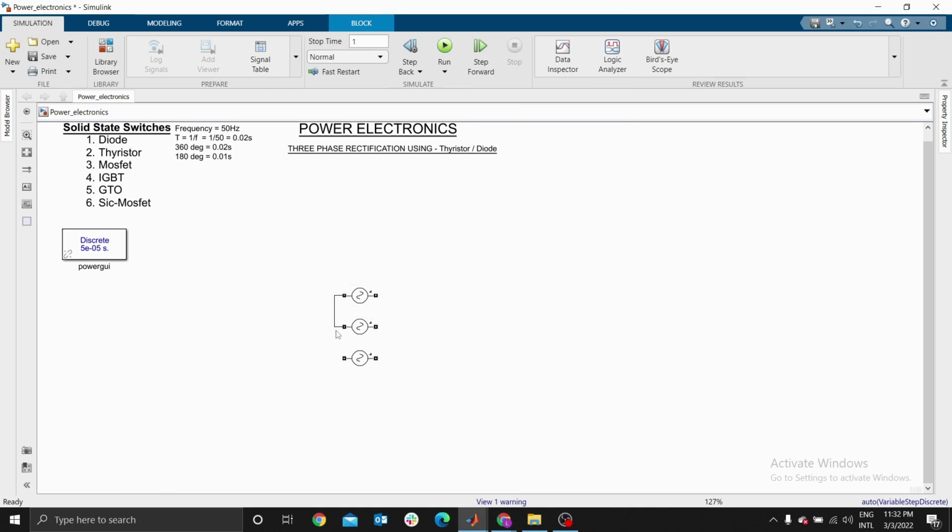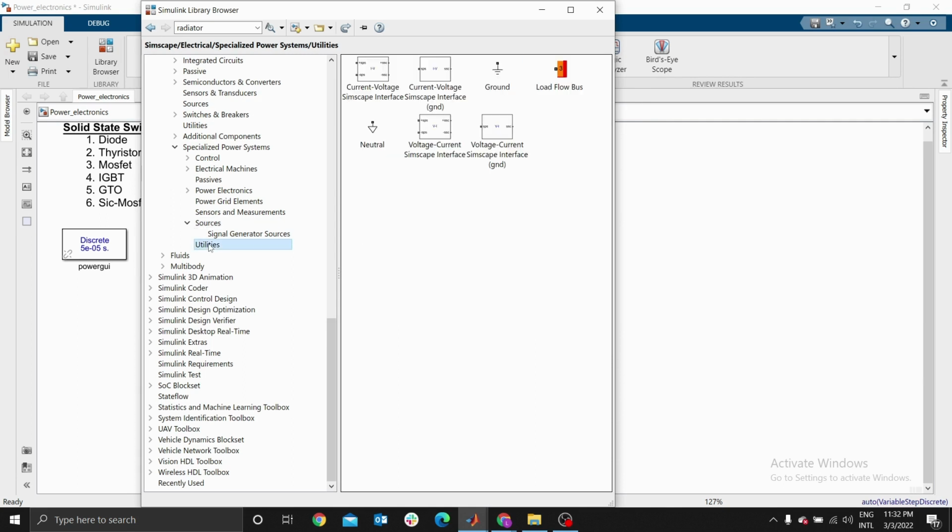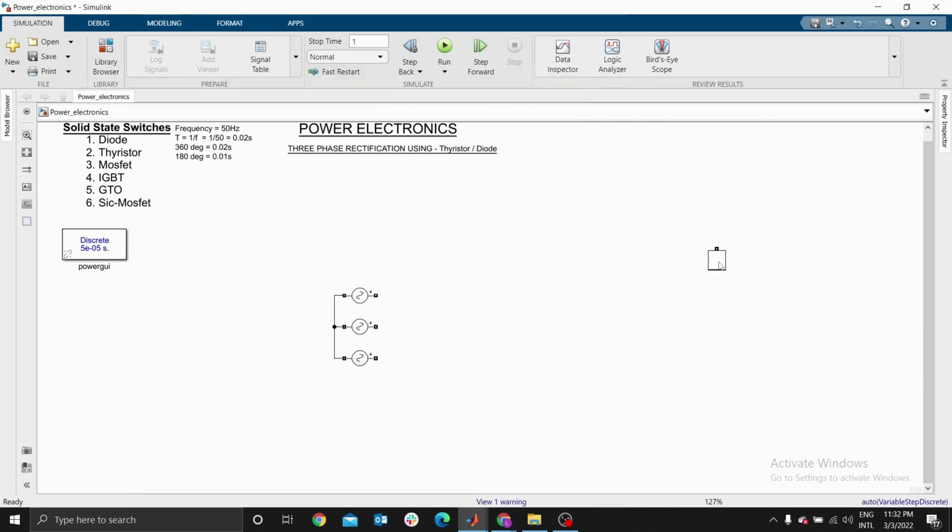Connect the negative side, then we can put a ground here. Go back to library, utilities, we need a ground on that side. Then this side goes to the main circuit.